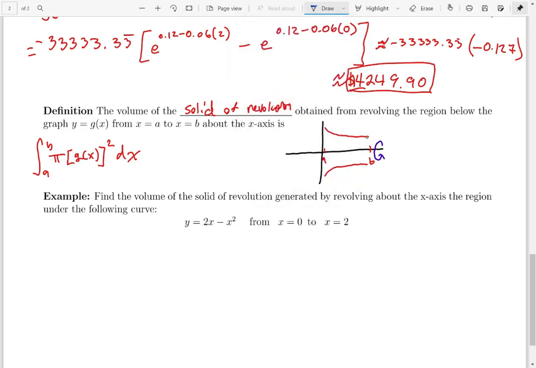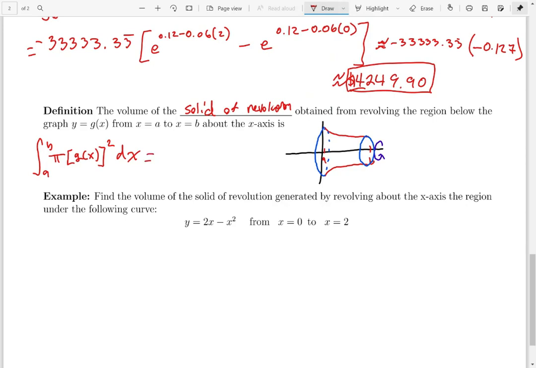Well, if you rotate it, you're then going to have this figure. And so hopefully you can see this three-dimensional shape, but what you're actually finding is the volume of the three-dimensional figure that I just sketched. And that's really what we're doing here. This works for any function g of x as long as g of x is above the x-axis, all that good stuff.